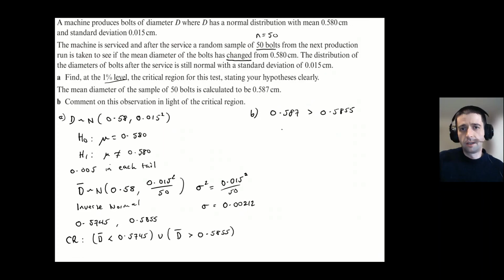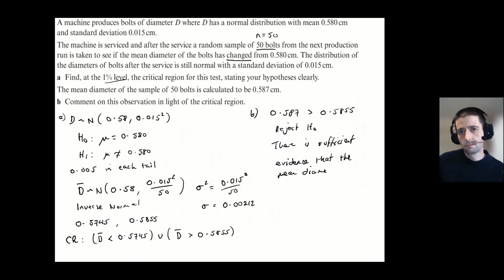So I would be rejecting H0, and I would be suggesting that there is sufficient evidence that the mean diameter has increased.